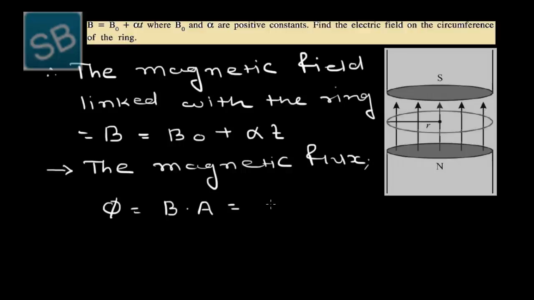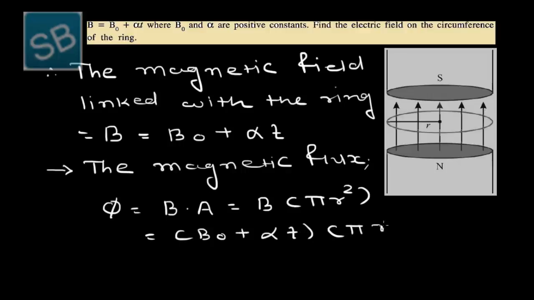So area will be pi r square, and here the radius is r. So B into pi r square. But the value of B is B0 plus alpha t, into pi r square. Therefore, this is the value of flux.